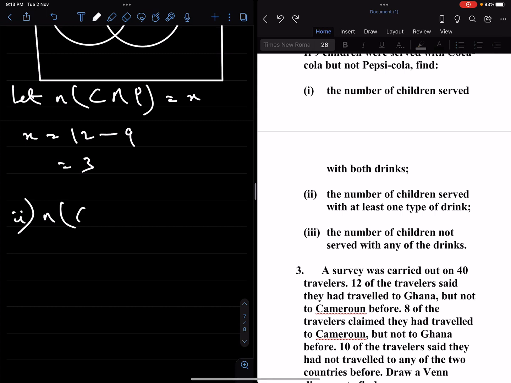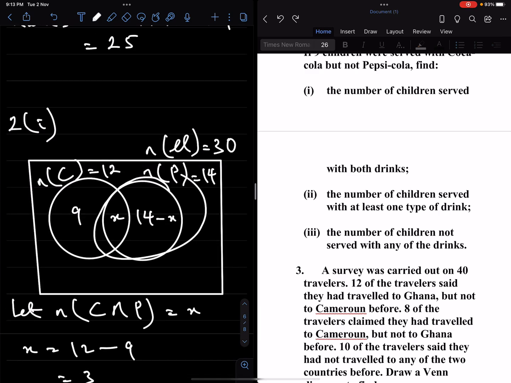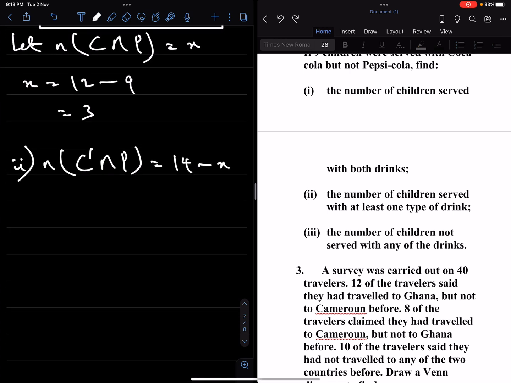The number of children served with only Pepsi. In set notation, that will be C complement intersection P, and it is 14 minus X. I know the whole of this is 14, and this one is X. That means this is going to be 14 minus X. So I already know X to be 3. That simply means 14 minus 3, which is 11.